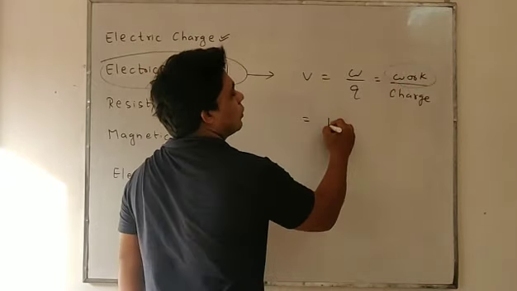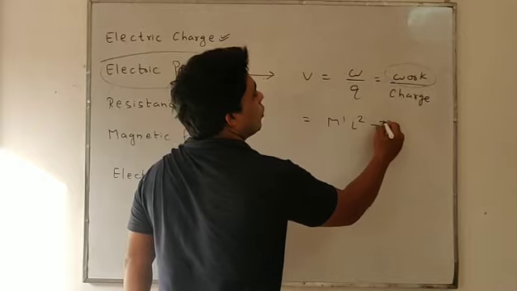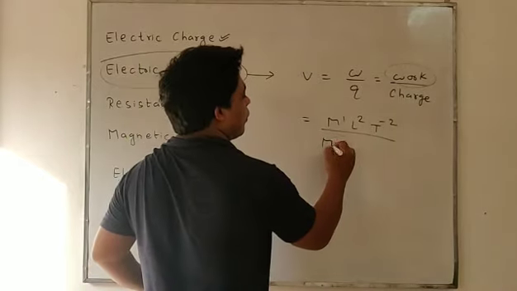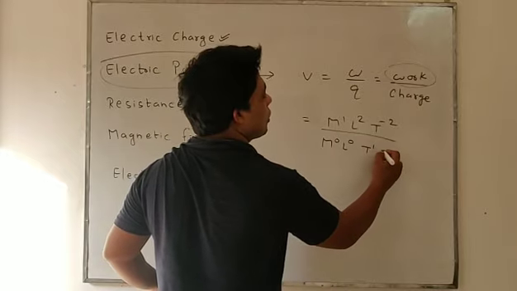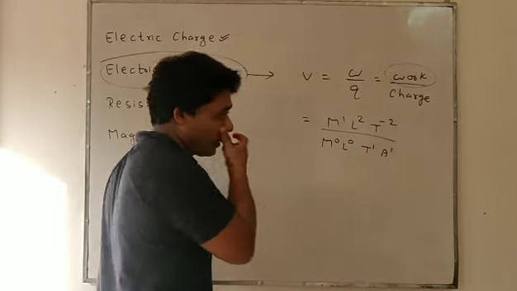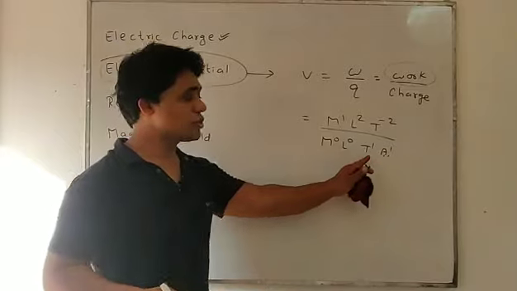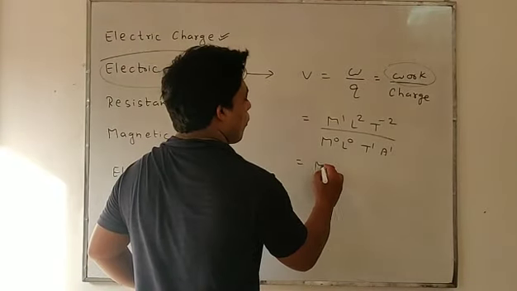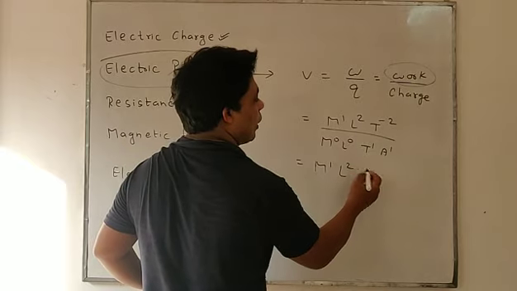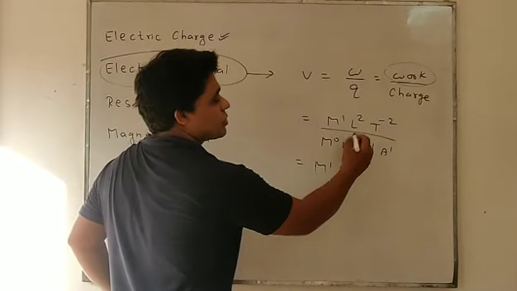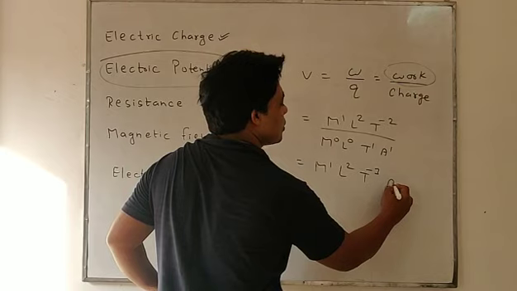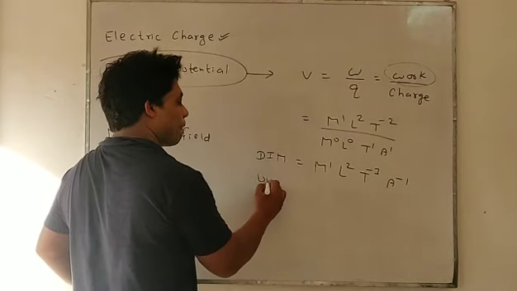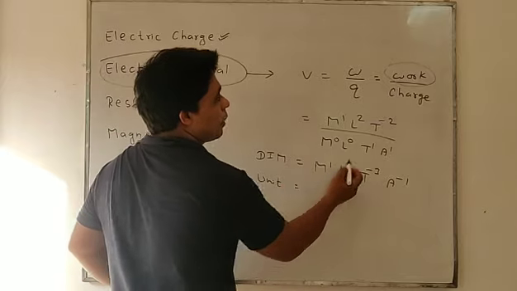Work is M1 L2 T minus 2, we did that. And charge we have just written as M0 L0 T1 A1. T is time and A is ampere. So M1 L2, transferring T1 upwards, it becomes T minus 3 and A minus 1. That is the dimension.